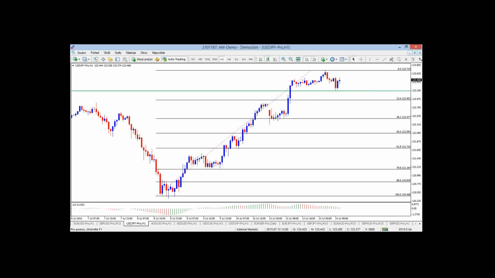If I would be in a long, which I'm not, but if anyone is, then I would think that moving a trail to here makes sense. A market exit is possible too, but because the dollar yen sometimes makes surprises and still keeps pushing, not sure if that's optimal.